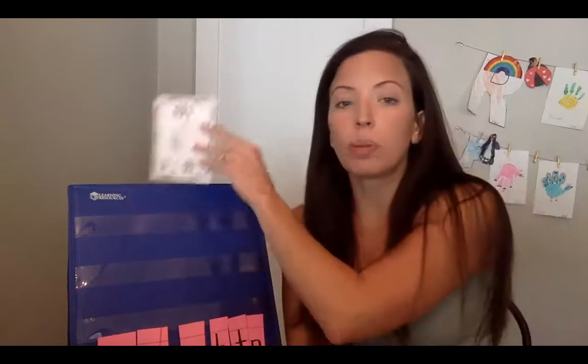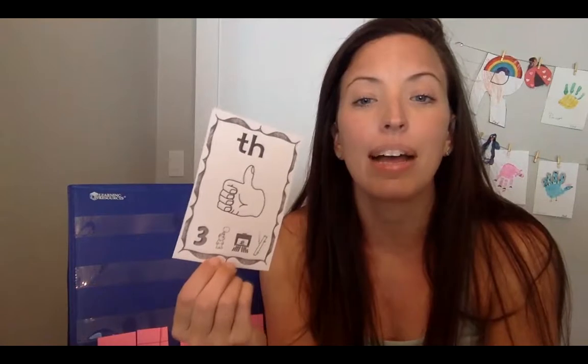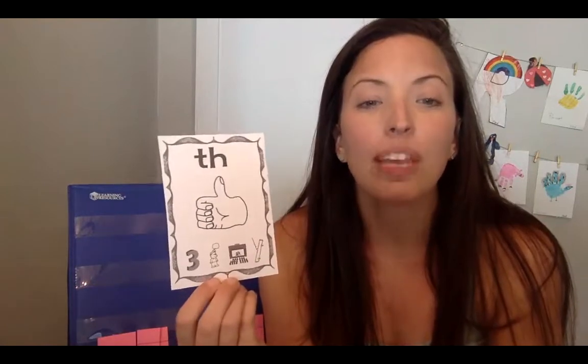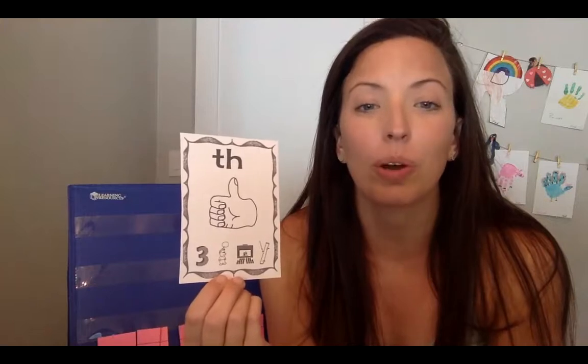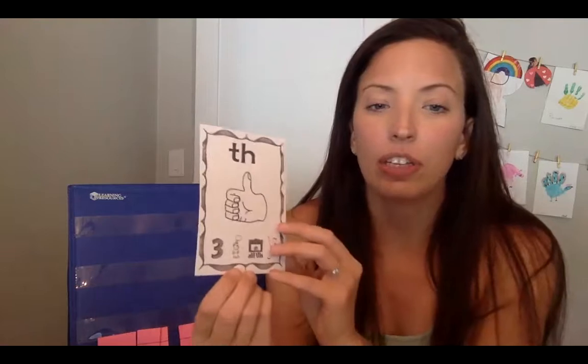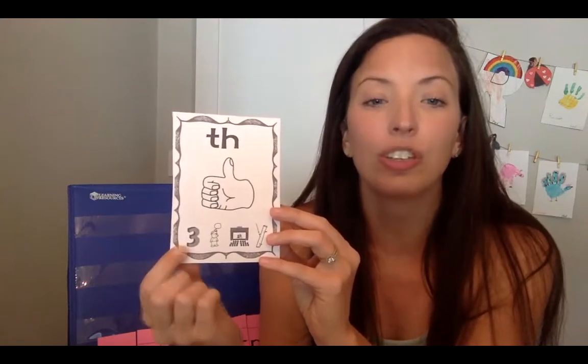So I'm going to show you this card that I have. It has a picture of a thumb. So when we say thumb, we are making that th sound at the beginning of the word. Thumb starts with TH. Another picture on this card is the 3. So the number 3 starts with TH.